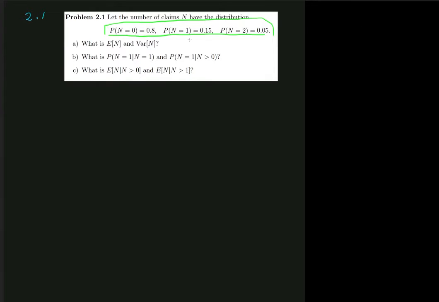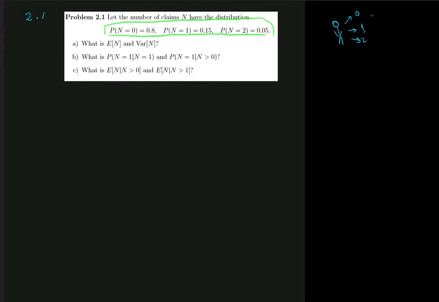So the number of claims, we say, can be either 0 or 1 or 2. And often, if we're looking at an insurance company, then we mean that any customer we have can, for a given year, have 0 accidents, 1 accident, or 2 accidents.